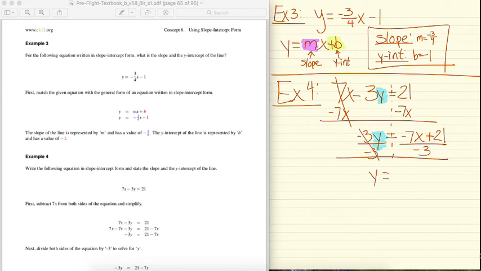Well, negative 7 divided by negative 3 doesn't divide nicely for us, so we can just leave it as the fraction 7/3. And it's now positive because it was a negative 7 and a negative 3. And then the x variable carries down. The positive 21 divided by negative 3 is negative 7.